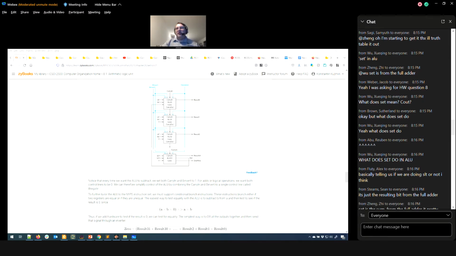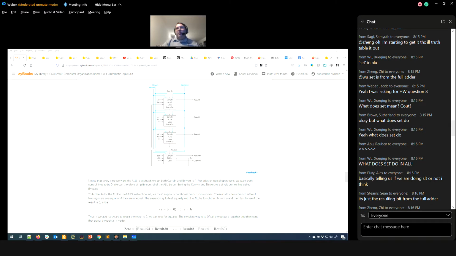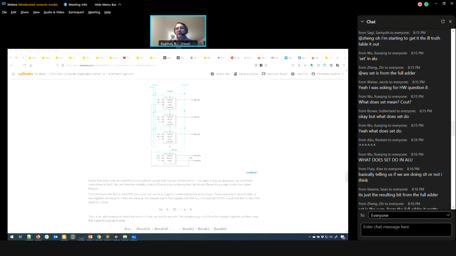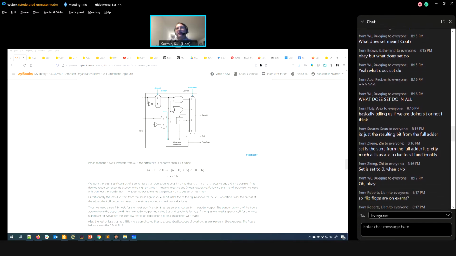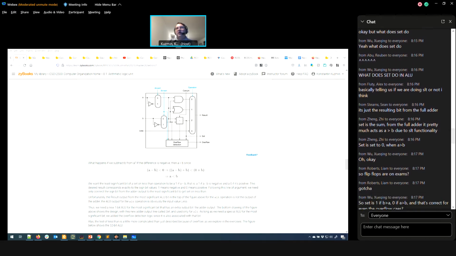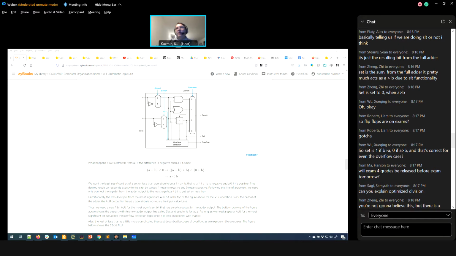All right, more questions about set. So set is just an output from the most significant bit ALU. This is the 1-bit ALU, and we see that set is taken from the adder. But we know that in SLT mode, we actually want the subtraction to be made. So if you are in SLT mode, you need to set your operation right, but you also need to set your A invert, B invert correctly so that your adder actually performs subtraction instead of addition.